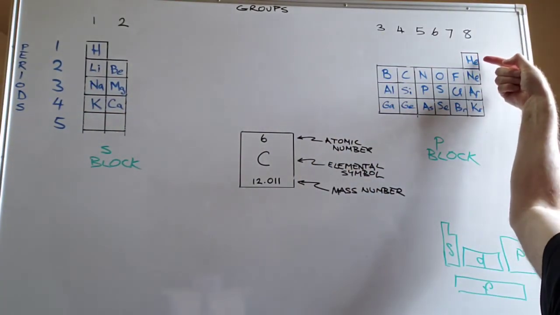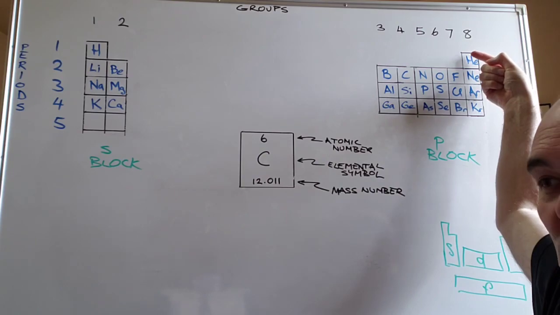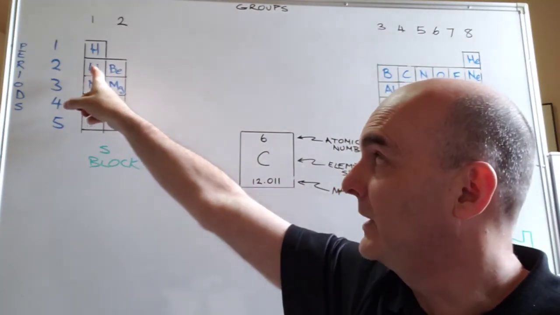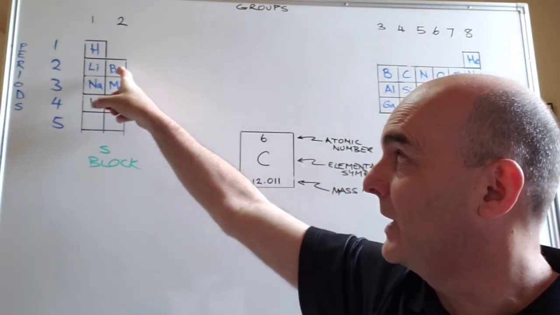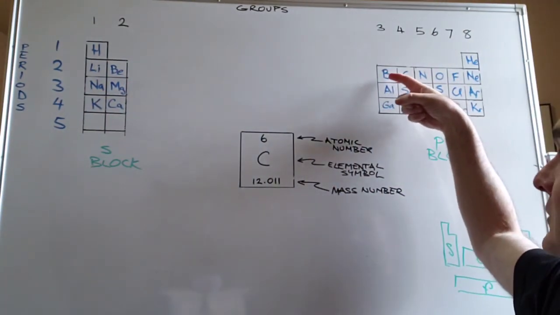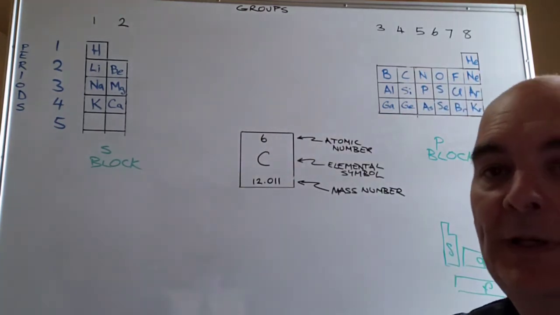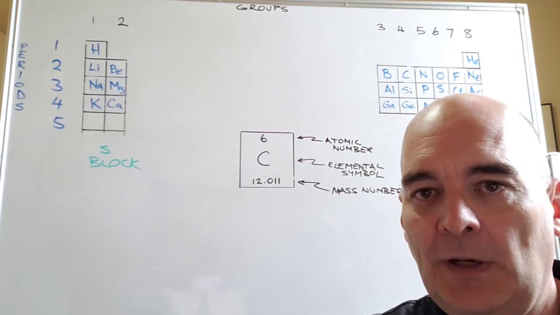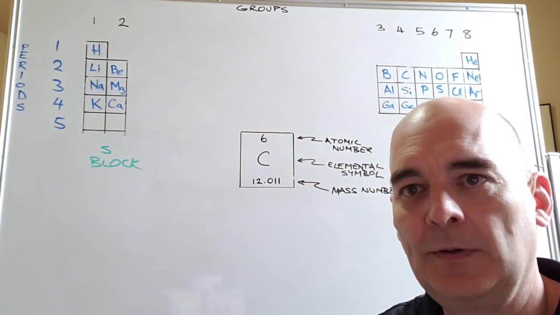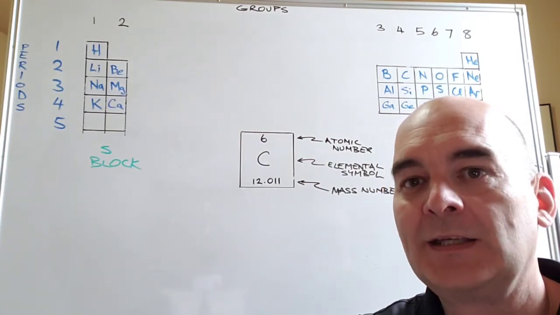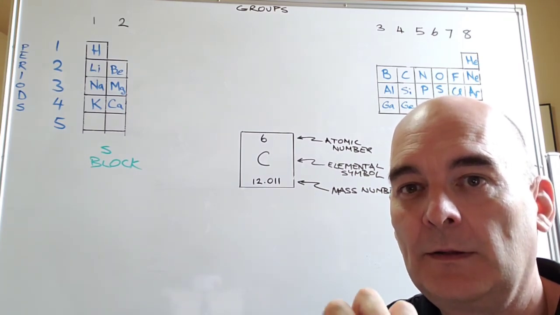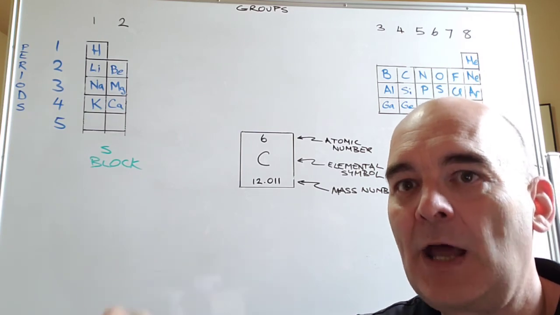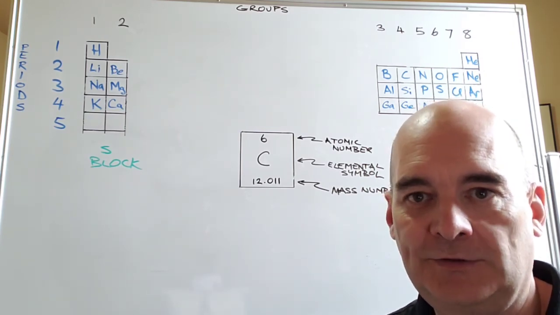Helium has an atomic number of 2. It has 2 protons in its nucleus. Lithium has an atomic number of 3. Beryllium has an atomic number of 4. Boron has an atomic number of 5. Carbon has an atomic number of 6. And those atoms are placed on the periodic table in this kind of ugly shape that has a reason: sequentially, in terms of ascending number of protons in the nucleus.